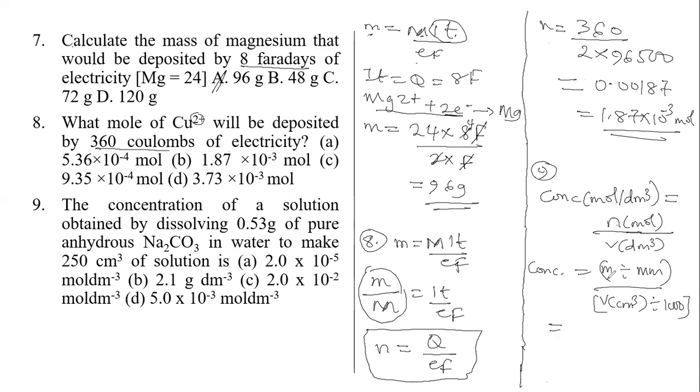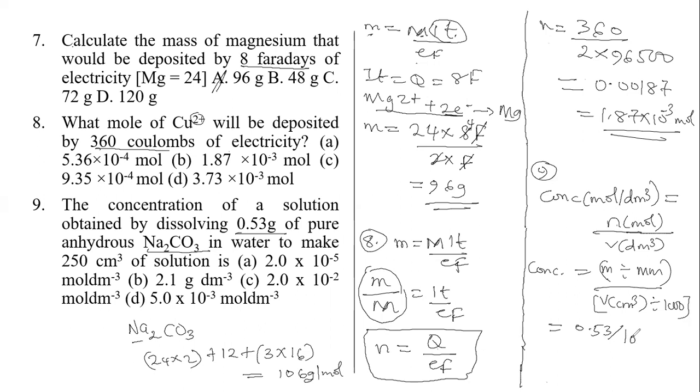So therefore, the mass of the salt is 0.53, divided by the molar mass of sodium carbonate. As a regular science student solving this, you know that sodium carbonate will be 106. Let's do that. Sodium is 24, 24 times 2, plus 12, plus 3 times 16, since oxygen is 16. By the time you press your calculator, everything will give you 106 grams per mole.